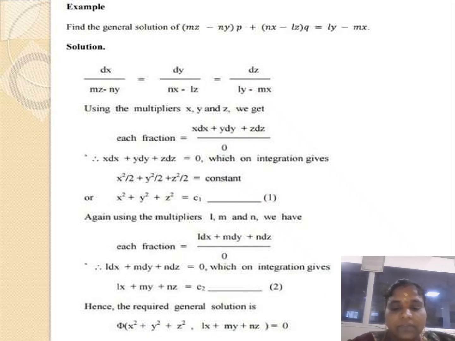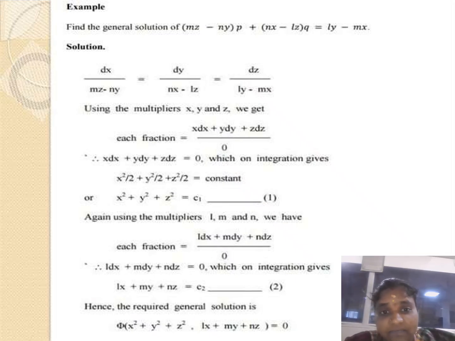So here, using the Lagrange multipliers, most often we use multipliers like x by z, or otherwise 1/x, 1/y, 1/z, or some constants 1, 1, 1. In this problem we select x, y, z. Multiplying the numerator by x as well as the denominator by x, automatically the denominator goes to 0.